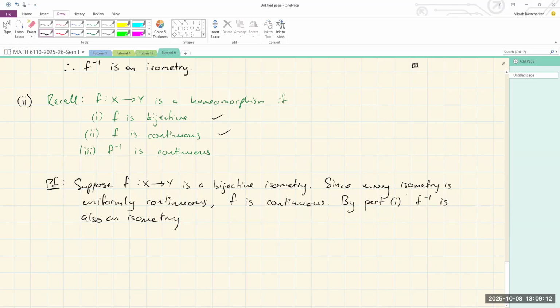So by part one, f inverse is also an isometry. But all isometries are continuous, so f inverse is also continuous. Now you get the third one. Therefore, f is a homeomorphism. So we just piece together everything that we had from before.